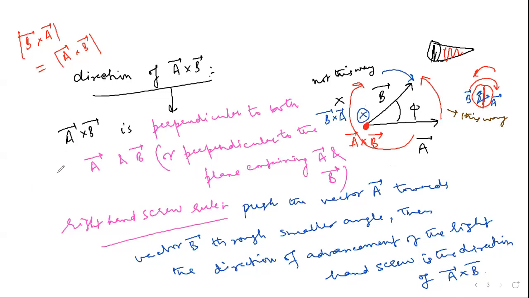That means A cross B and B cross A vectors have the same magnitude but opposite direction. In vector terminology, that means A cross B vector is minus B cross A. They are antiparallel vectors, oppositely directed vectors. So we say cross product is anticommutative.